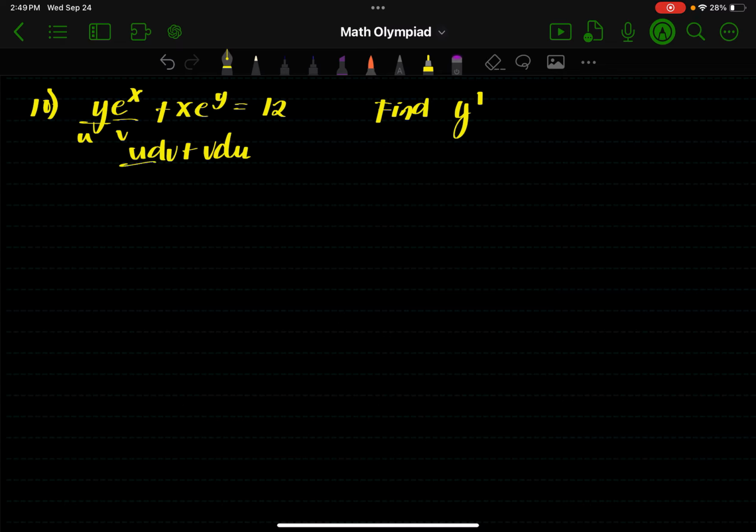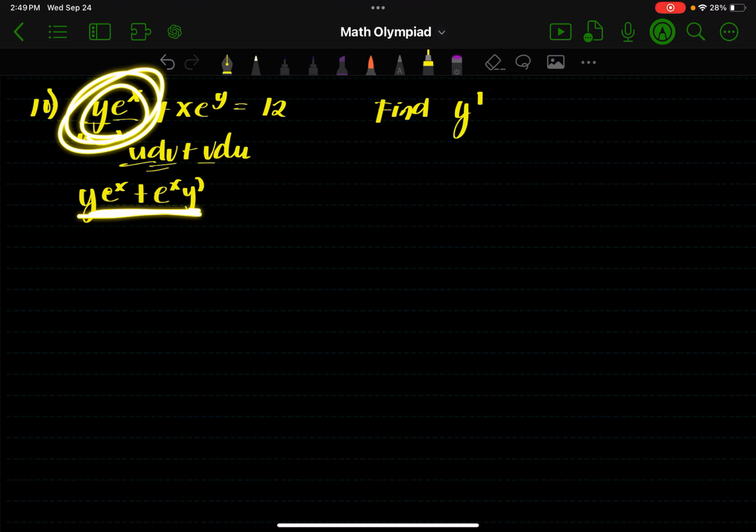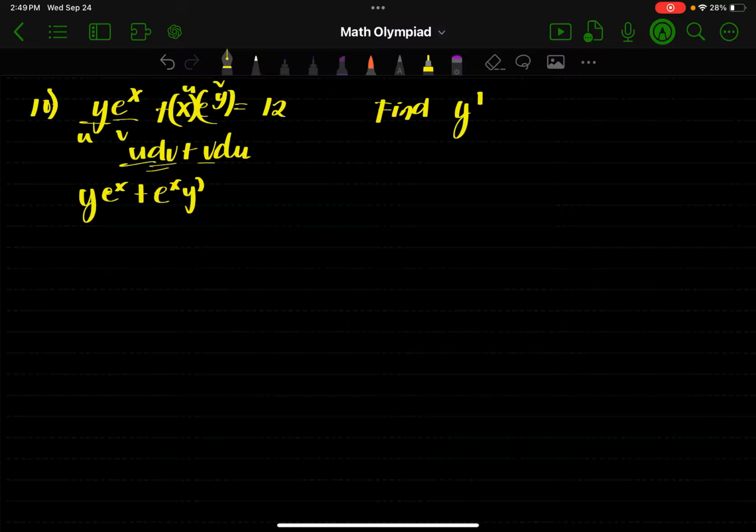What is u? The y. The derivative of v, the derivative of e raised to x, is e raised to x. Plus copy v, the e raised to x, times the derivative of u, that is y prime. So this is the derivative of this. And how about this? Another u dv.